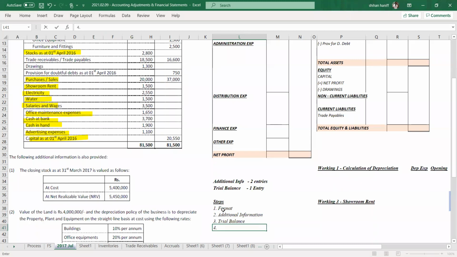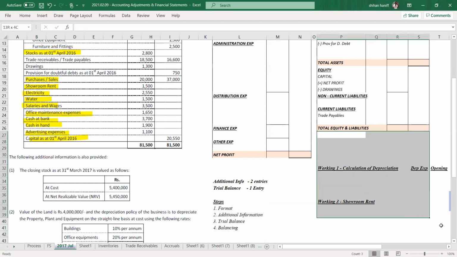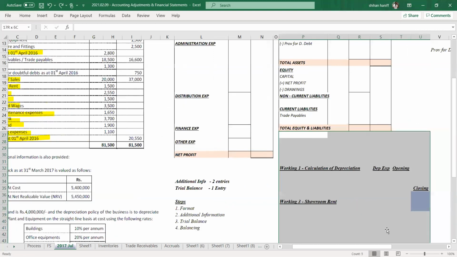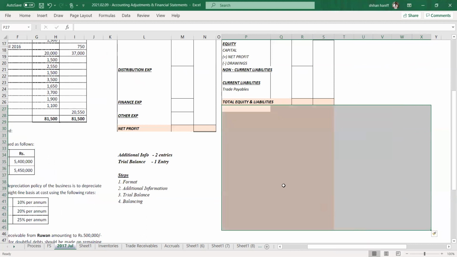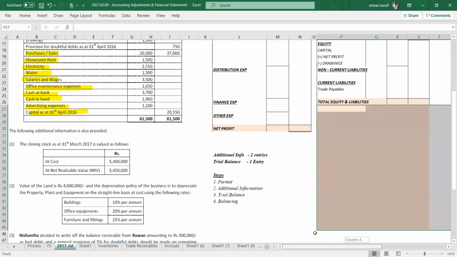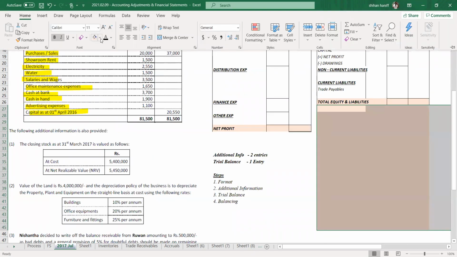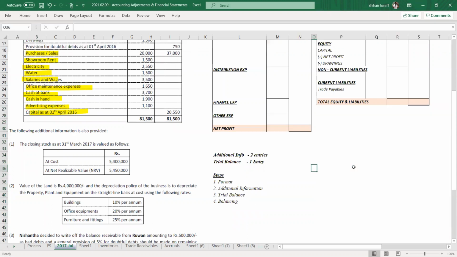Step number 4 is final balancing. These are the steps.